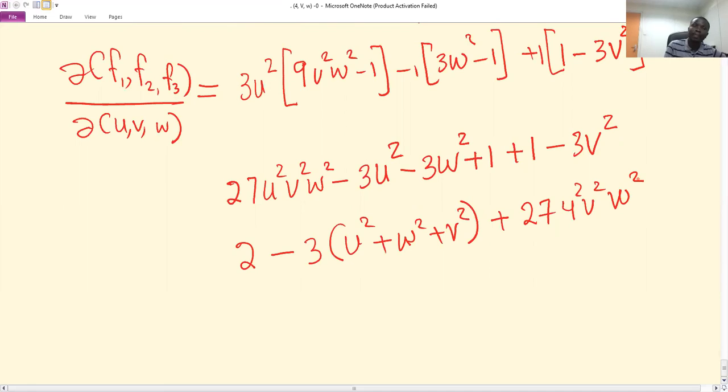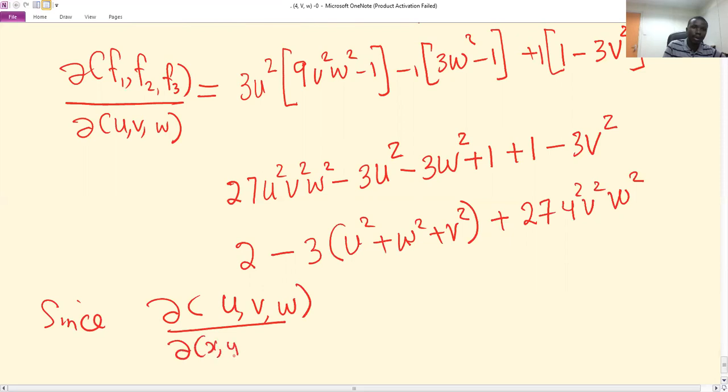So therefore, from definition, since the Jacobian of u, v, w with respect to x, y, z is given by -1.